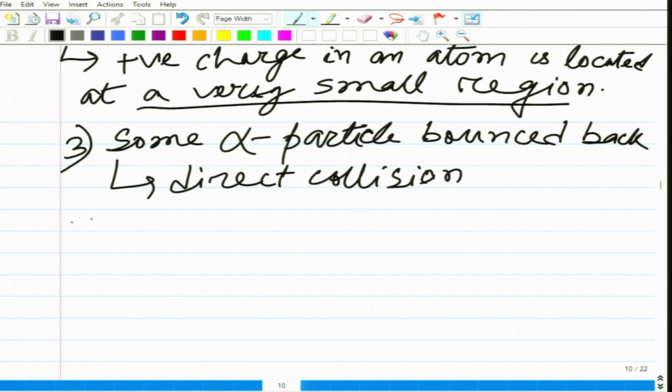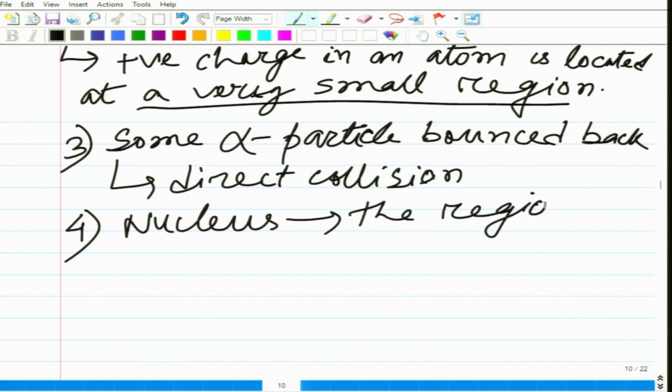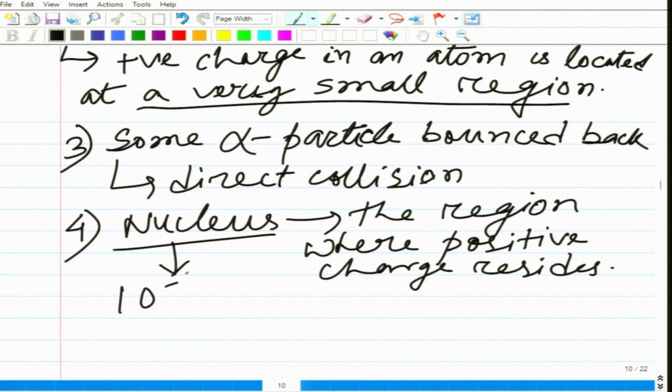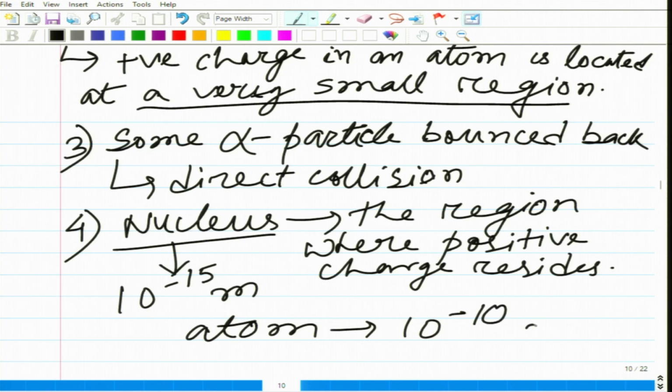And Rutherford, by some measurements, concluded that the nucleus, which is the region where positive charge is centered, has a radius of around 10 to the power minus 15 meters, whereas the atom has a radius of 10 to the power minus 10 meters.